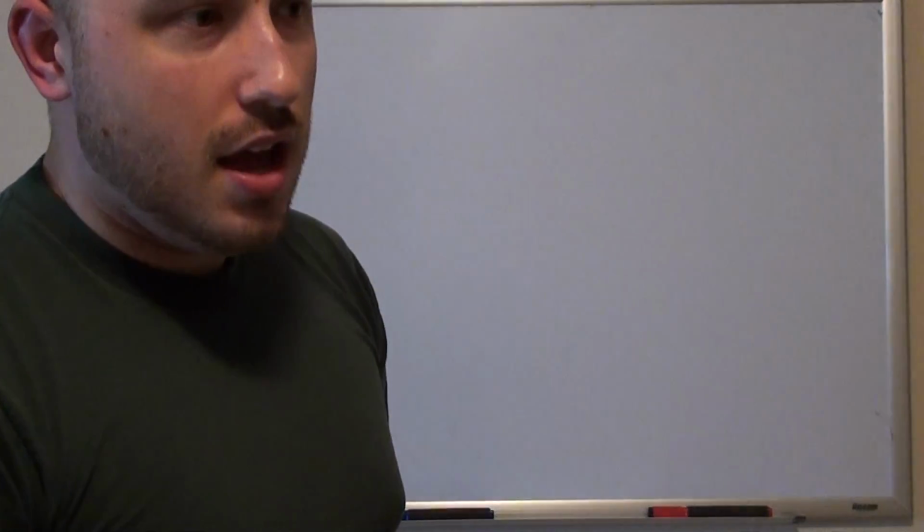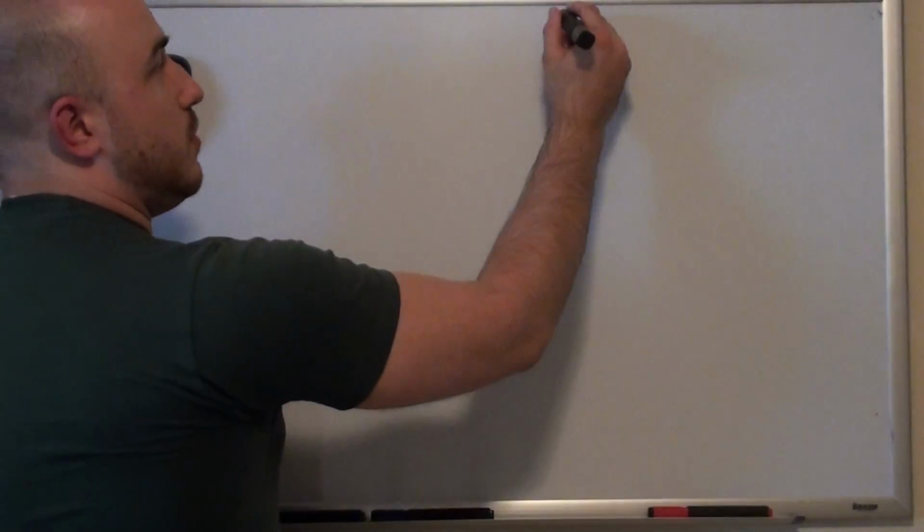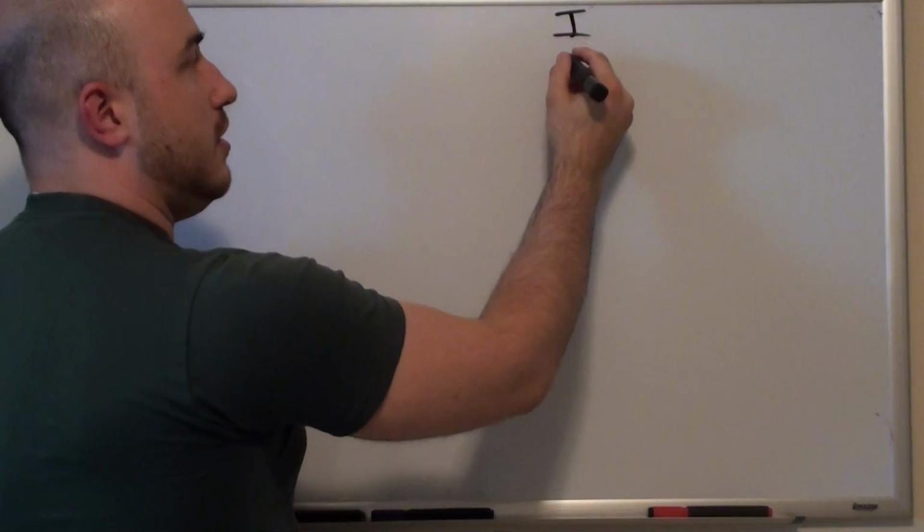Anyway, with the Hiragana chart, there's a few things you can do. First and foremost is with the I column.